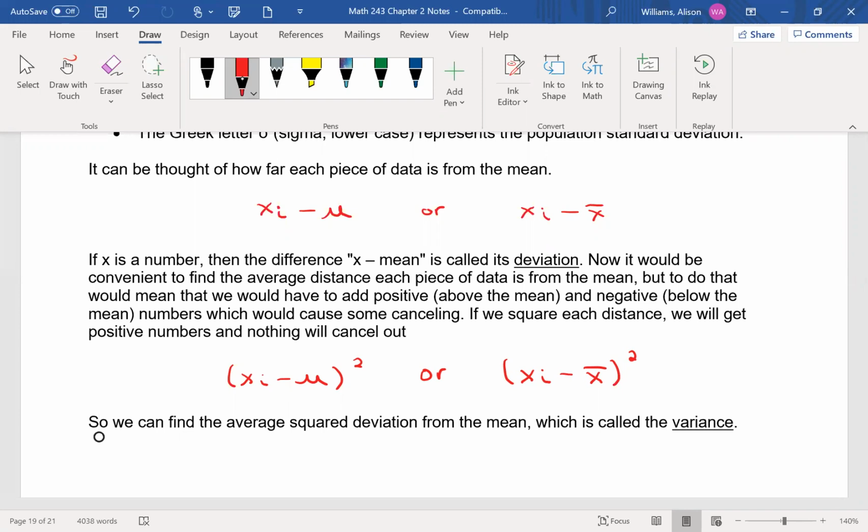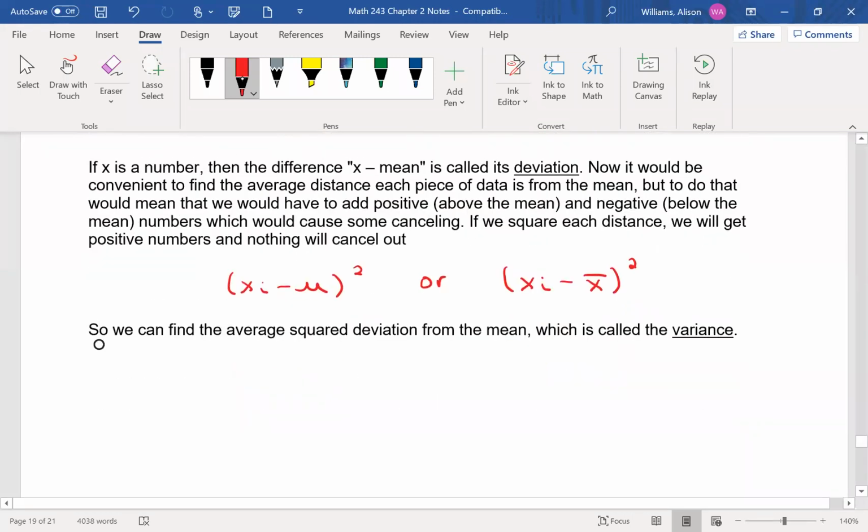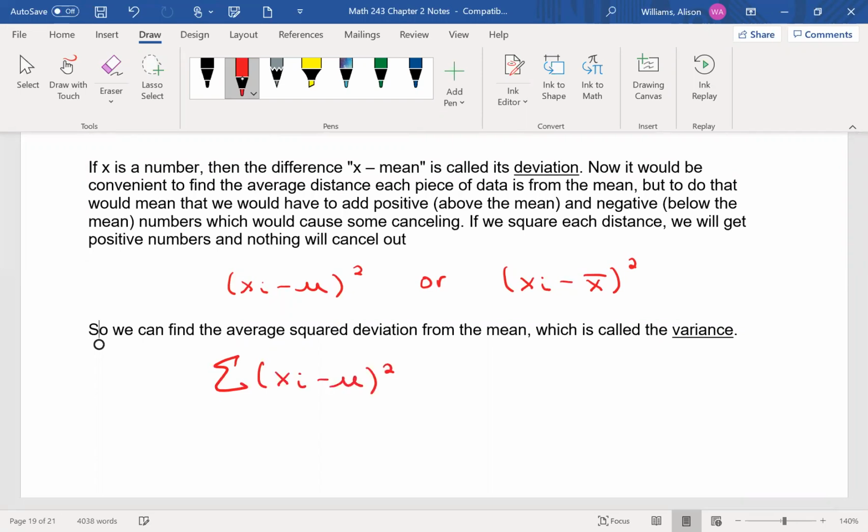And then later on, I'm going to undo the square by taking a square root. So I'm going to compensate by taking the square root later on. But before I do that, I'm going to go ahead and add all of the data together. So the symbol we use is capital sigma when we're adding all the data together. But we're adding these squares, these big positive values, all together.